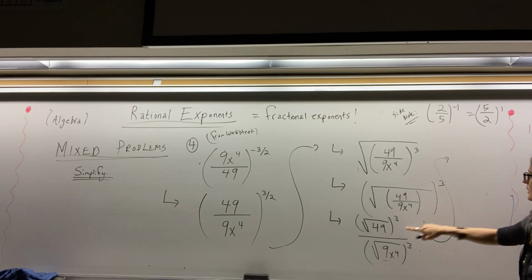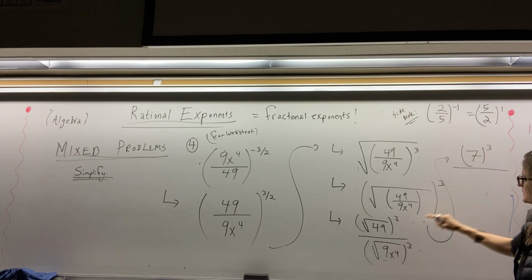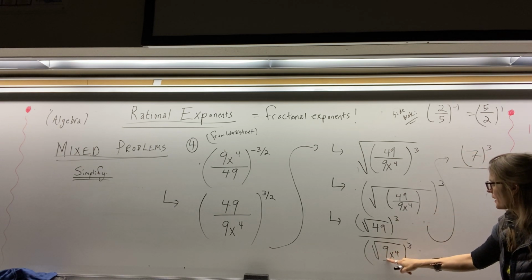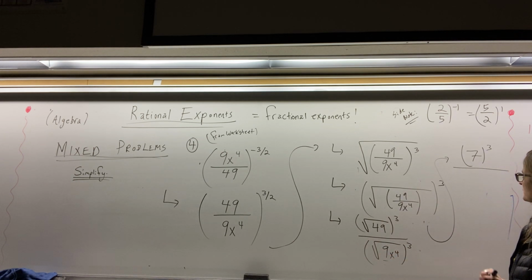We could get the following. The square root of 49 is really 7 to the 3rd now. And in the denominator, the square root of 9 is 3, and the square root of x to the 4th is x squared. So we have 3x squared to the 3rd power.